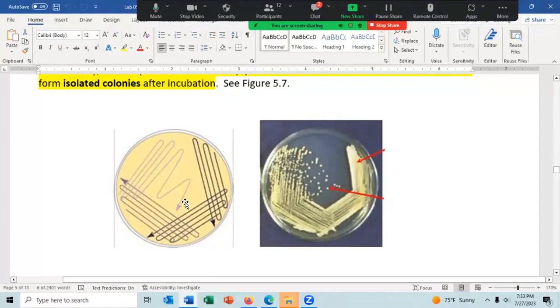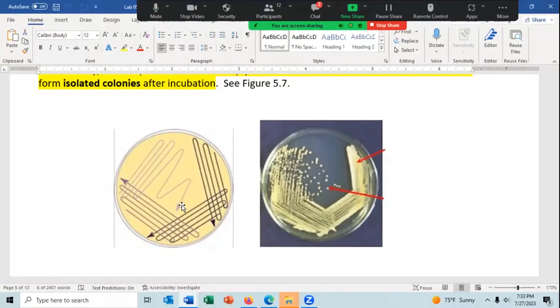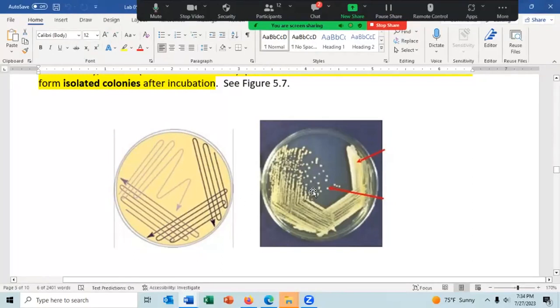The goal is that someplace along where you're streaking, you'll be putting down cells where the cells will be put down few and far apart so that you will get isolated colonies. In this case, we're getting the isolated colonies in quadrant 4, but it doesn't matter where the isolated colonies occur.